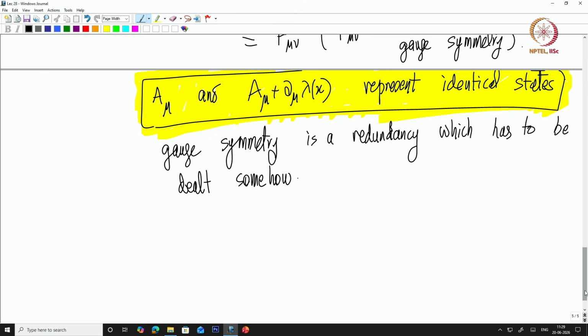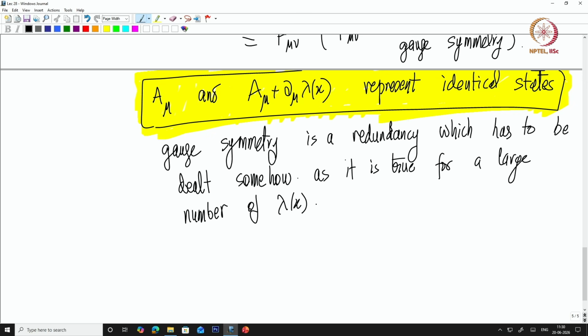It has redundant degrees of freedom. You can take lambda to be anything, you have a choice of an infinite number of functions. So there is a redundancy of infinite order in principle in determining A mu.